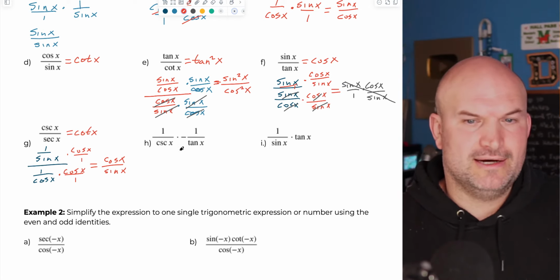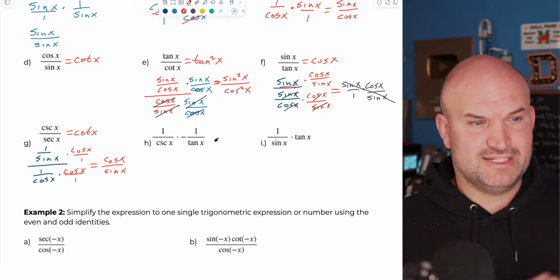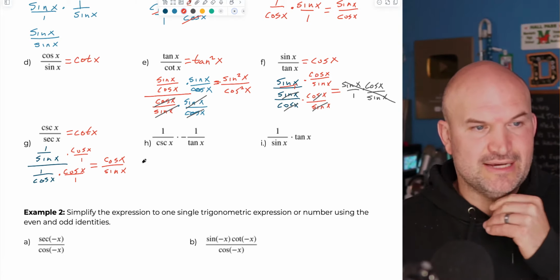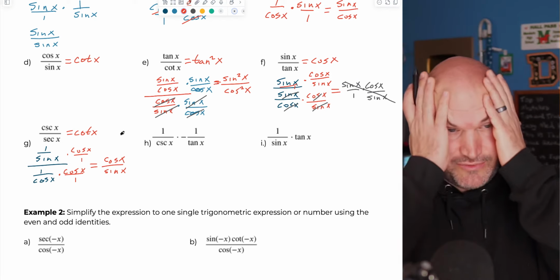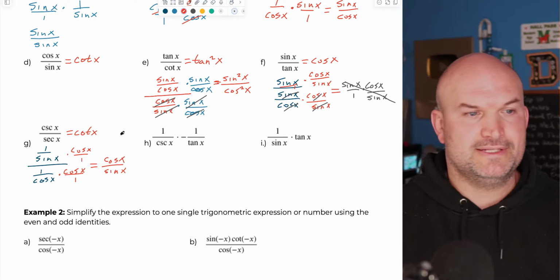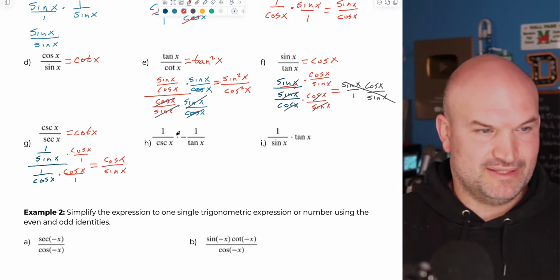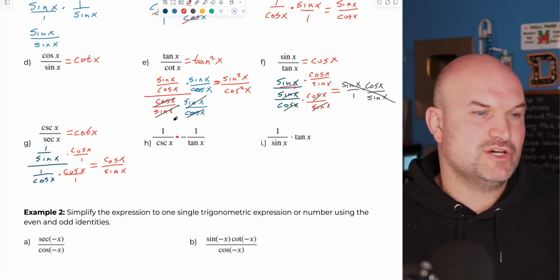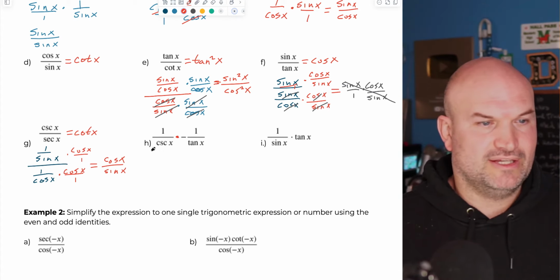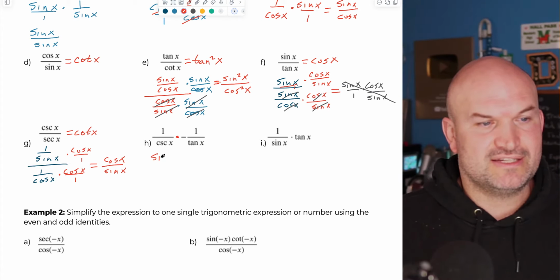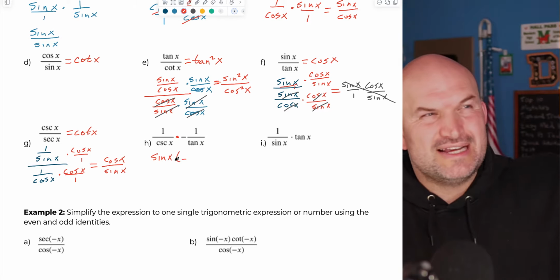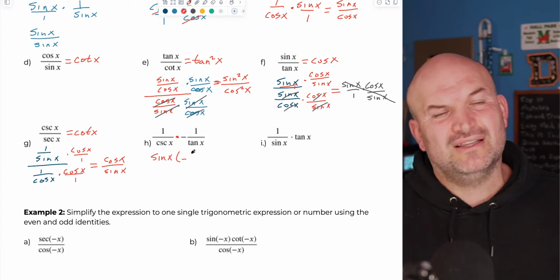All right, now just remember, ladies and gentlemen, this is multiplying, right? We want things to divide out, and we're not adding, so don't worry about this. Remember, we're multiplying here. So if I want to rewrite things in terms of sines and cosines, a couple things we could look at. I could rewrite this as a sine of x, and then I can multiply this times a negative. Now, 1 over tangent, you could do 1 over sine over cosine and then multiply by reciprocal, but that's a lot, isn't it?